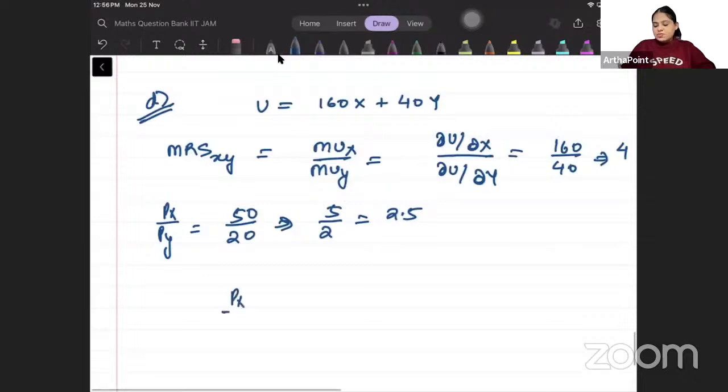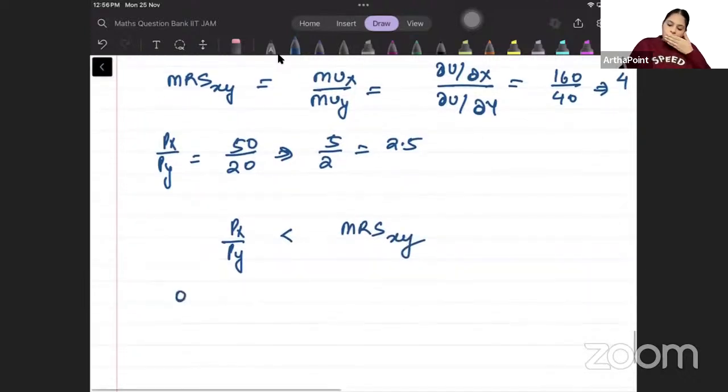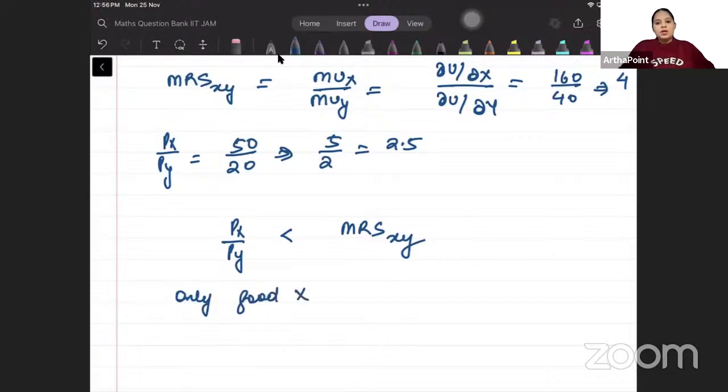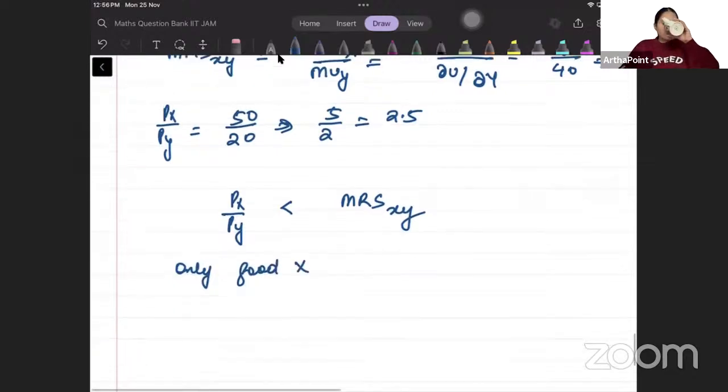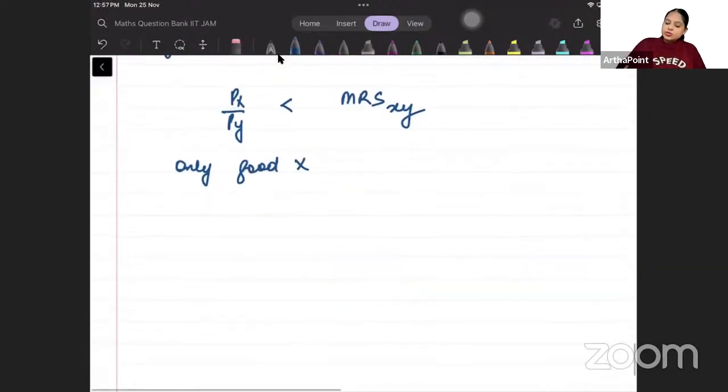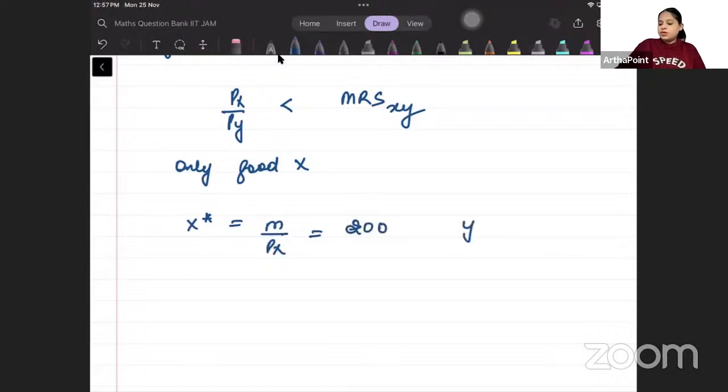So now PX by PY is less than MRS, right? So only good X. Only good X. Right? So now you can go ahead and say that X star will be M by PX, $200 and Y star will be 0.